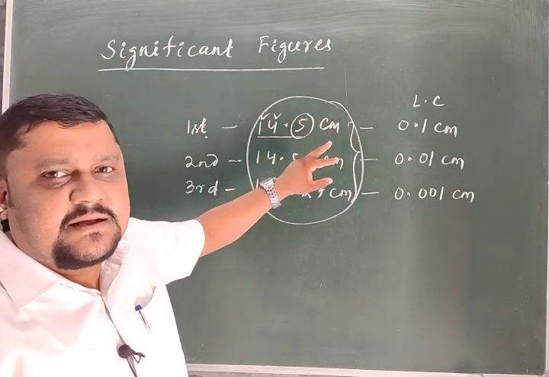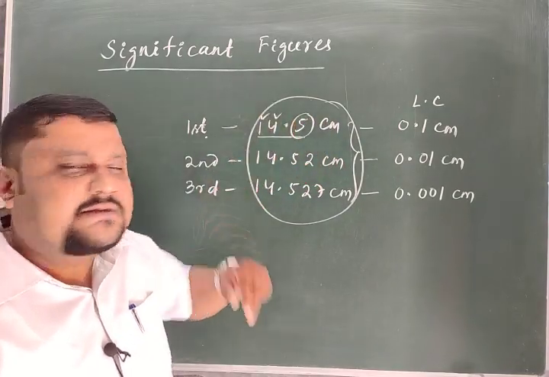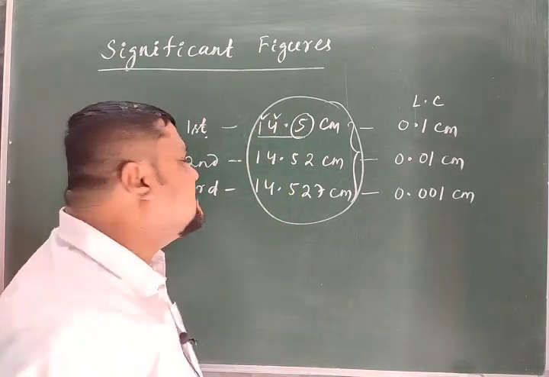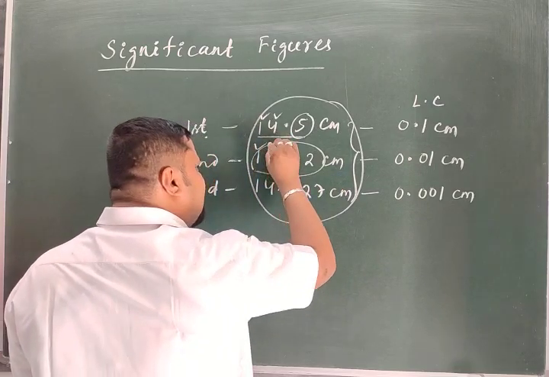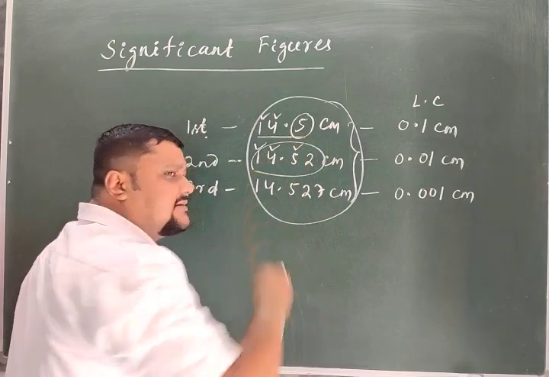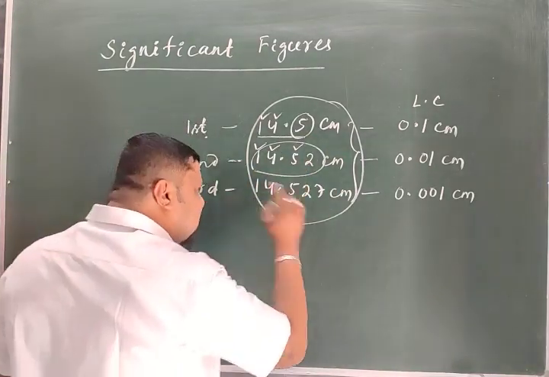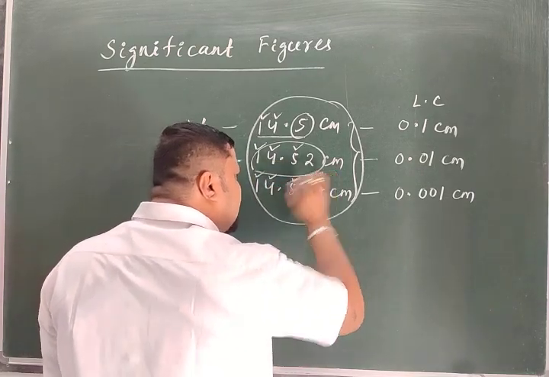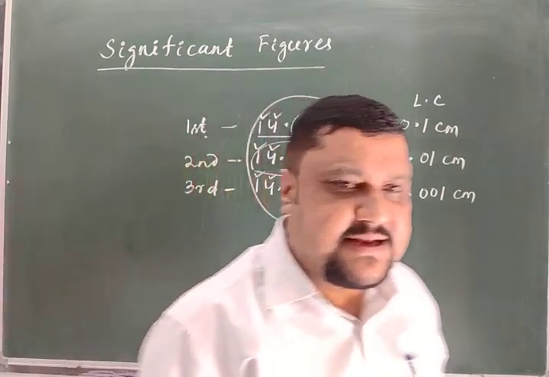Means it may change. 5 may change to 6, or 5 may change to 7, or 5 may change to 4, like that. So that is uncertain. Similarly, in the second one, 1 is certain, 4 is certain, 5 is certain, but 2 is not certain. The last digit is not certain. In the third observation, 1 is certain, 4 is certain, 5 is certain, 2 is certain, but the 7 is not certain. So it is uncertain.